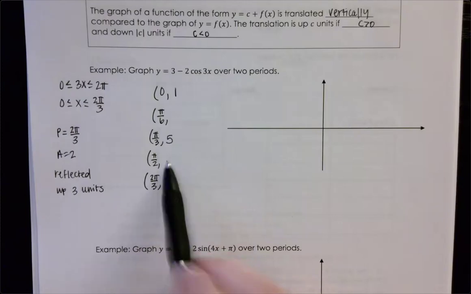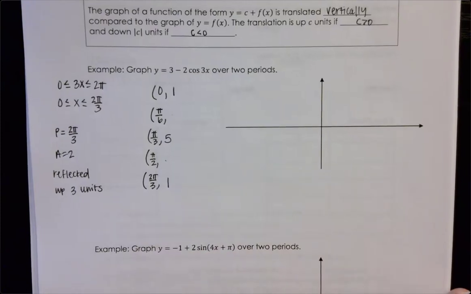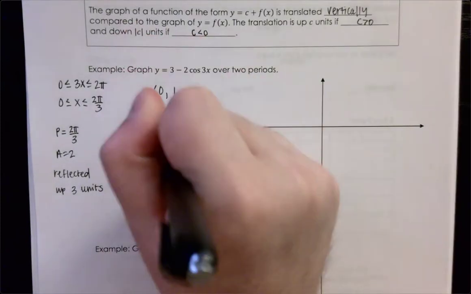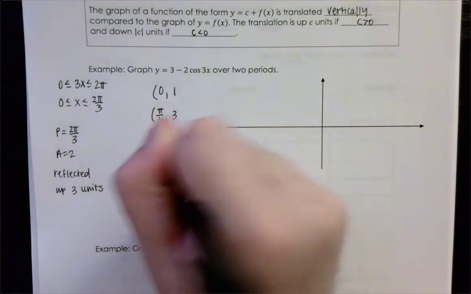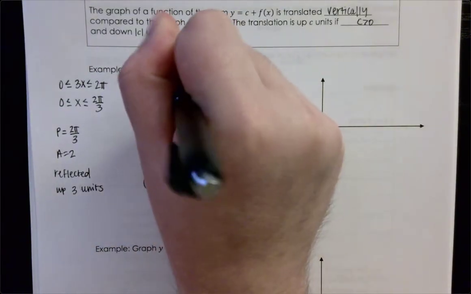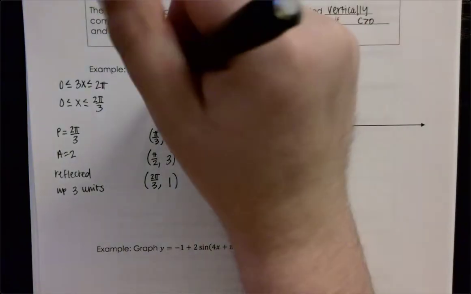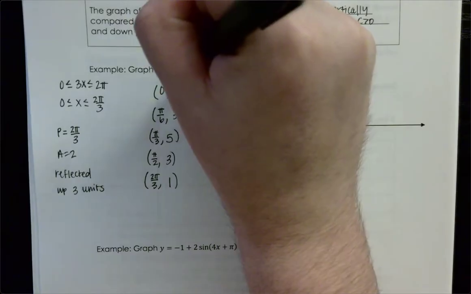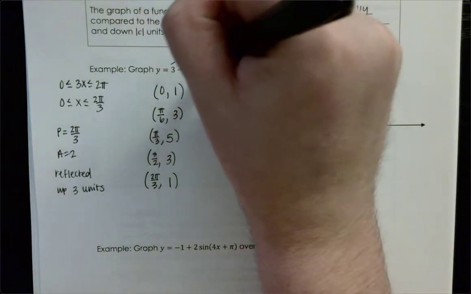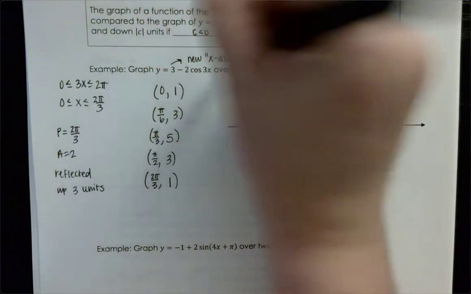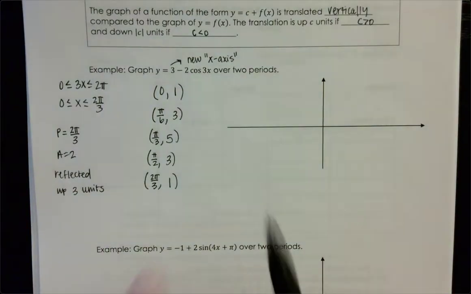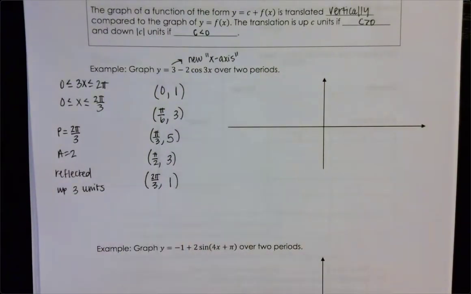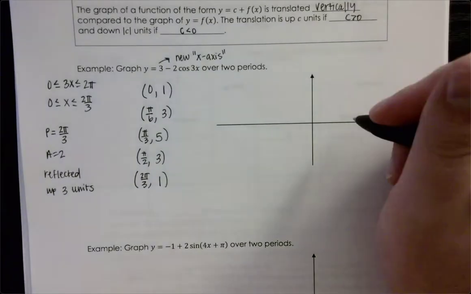These 2 points would have been zeros, but we were shifted up 3. So 3 and 3. So that vertical shift, you can think as your new x-axis. So wherever it would have been 0 is that shift up or down.